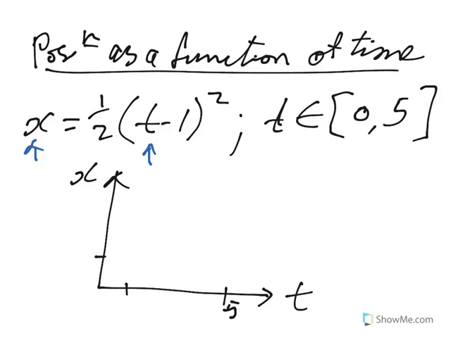So time equals 0, it's going to be here at a half. Time equals 1, it's there. And this is a parabola. 5 minus 1 is 4. 4 squared is 16, and then half of that is 8, so it's up here at 8. So this particular one goes like that, and then you can answer any of the questions.